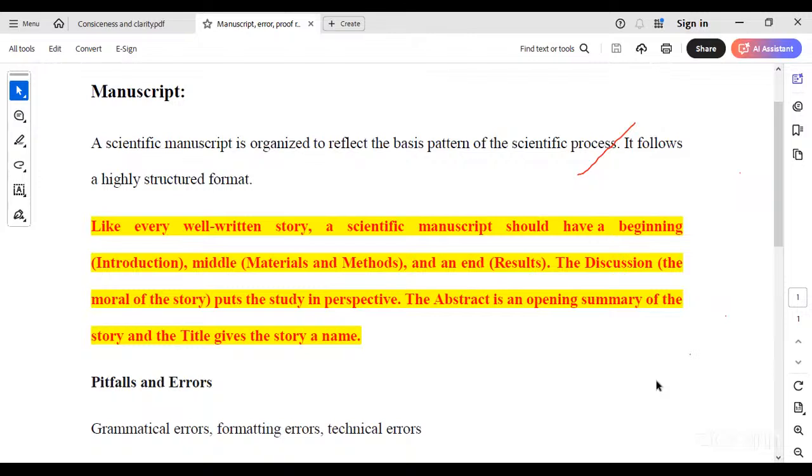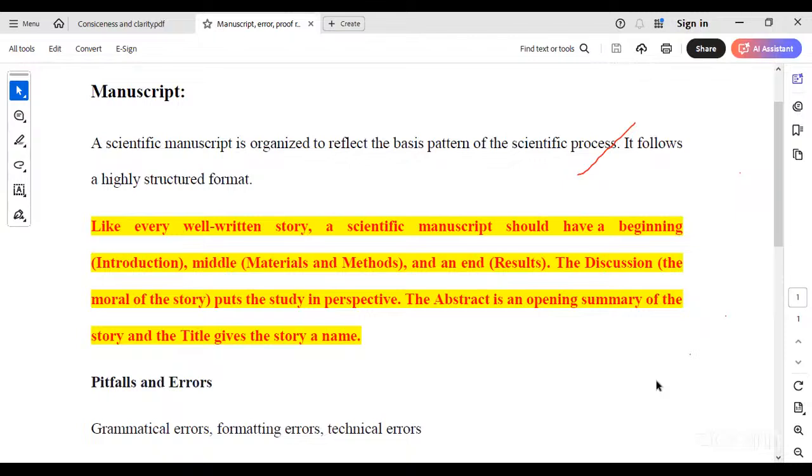So I was talking about what an introduction consists of. The introduction should consist of the topic, and it should provide context, a purpose, and the scope of the study.